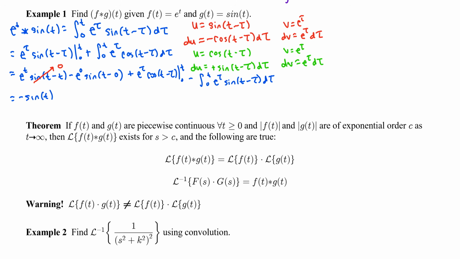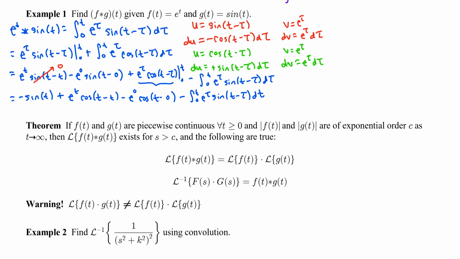So that's negative sine of t, plus, working on our third term here, evaluating upper limit minus lower limit, we have e to the t times cosine of t, minus lower limit, e to the 0th, cosine of t minus 0. And again, we're not going to do anything with this integral because that was our original problem.